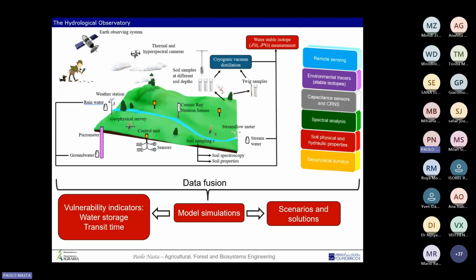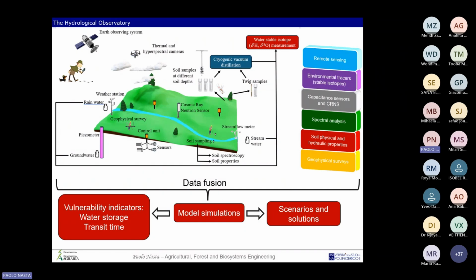We carry out isotopic measurements for environmental tracers, as I said before. We do the geophysical surveys to explore the deeper parts of the soil profile in 3D, which is a very, very unique tool to explore the soil subsurface.